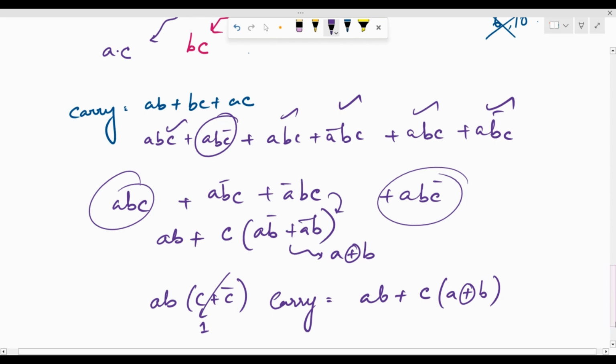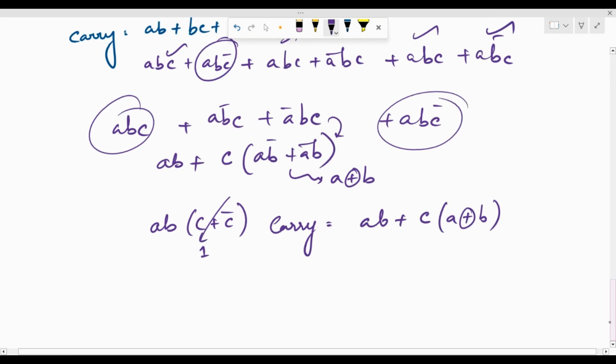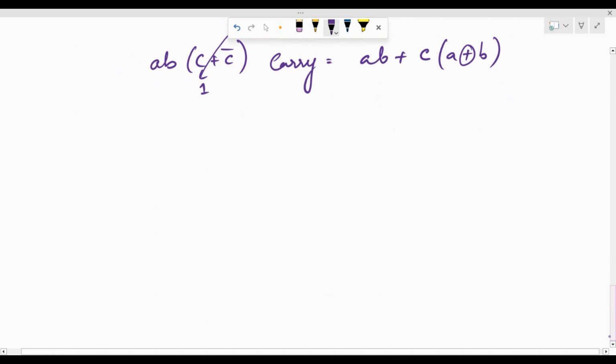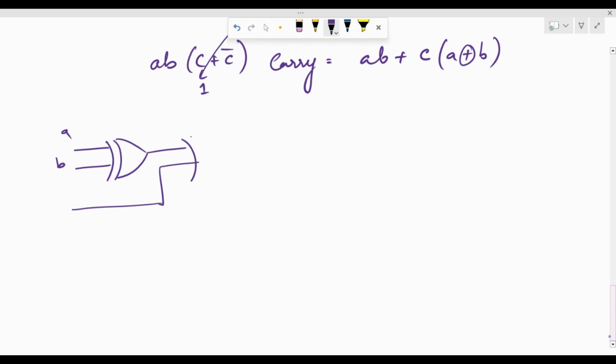Now I'm going to try and implement it. So here I have A and B. These are my two inputs XORed. This is going to be XORed with C, and therefore I get my sum, which is A XOR B XOR C. We have to remember that this is A XOR B, this part.